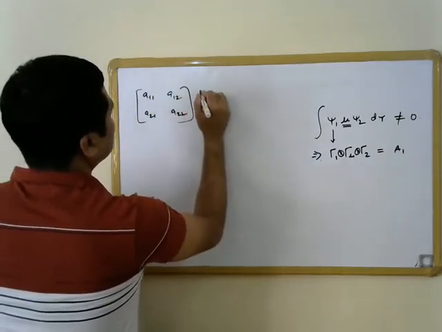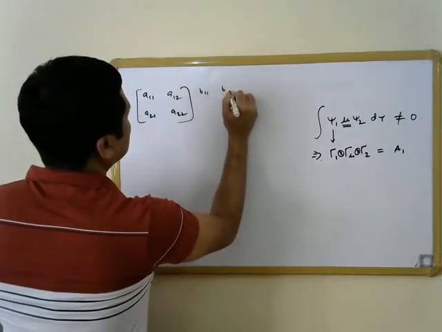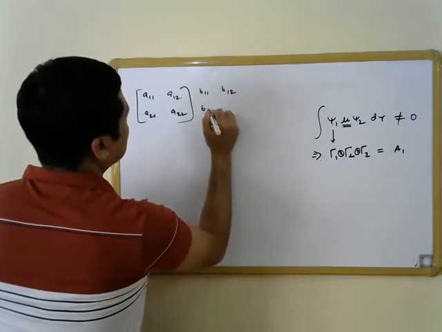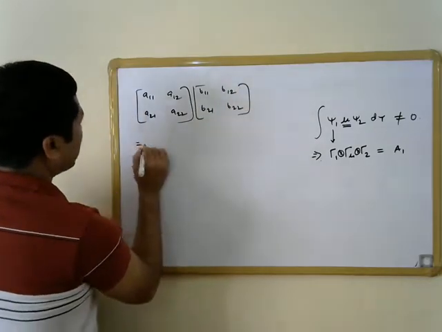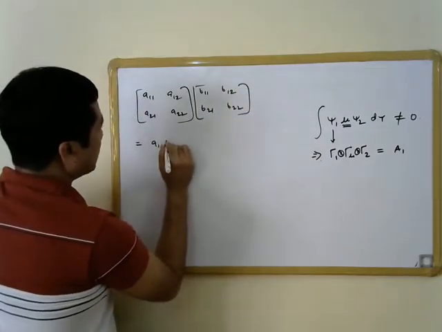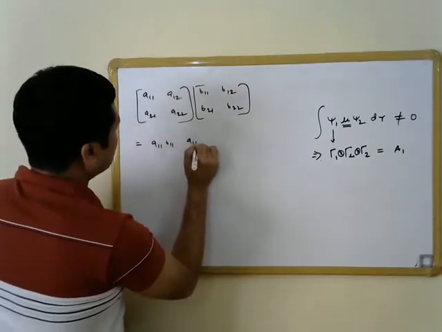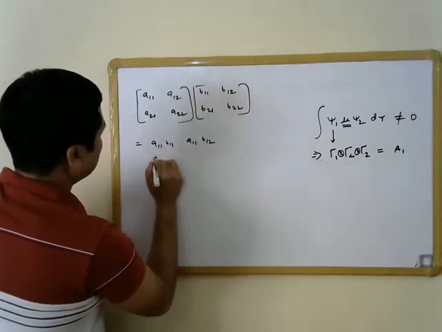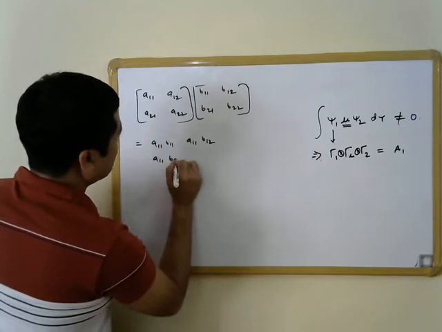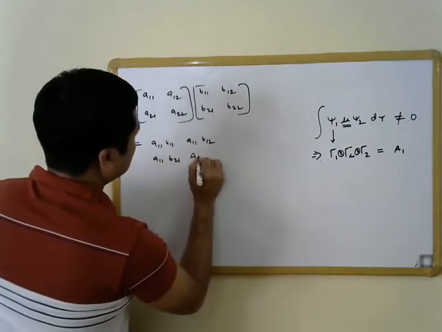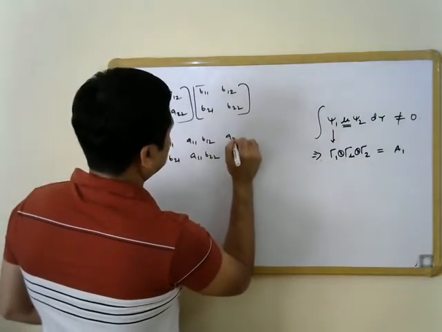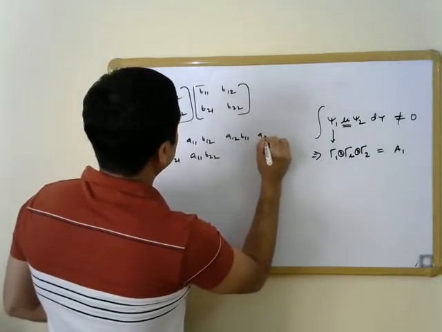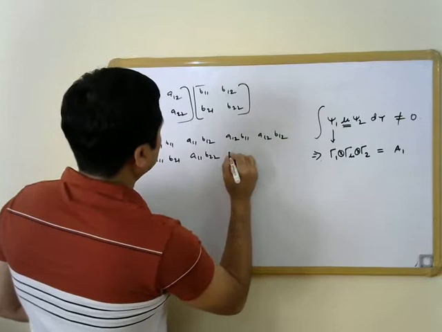So we did, for example, a direct product of these two matrices, and as the answer we got the matrix.